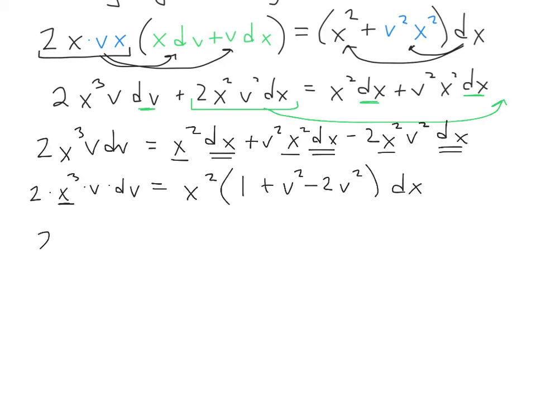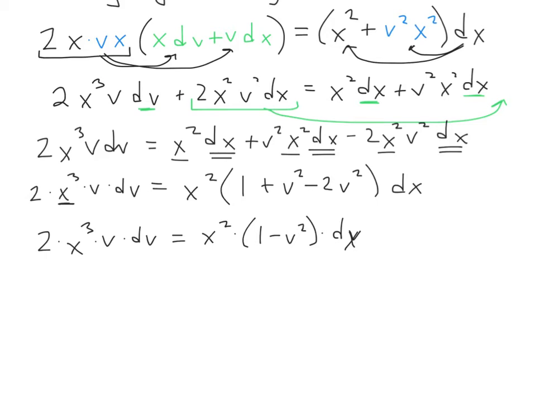So when I go and clean all this up, I get 2x cubed v dv. Remember, these are all factors. On the right, I have x squared, 1 minus v squared, and dx. Okay?